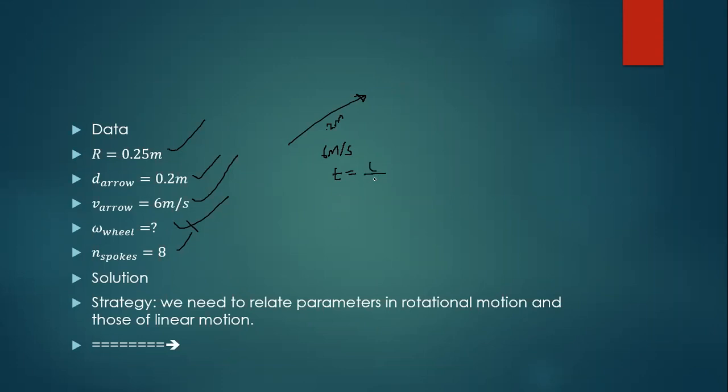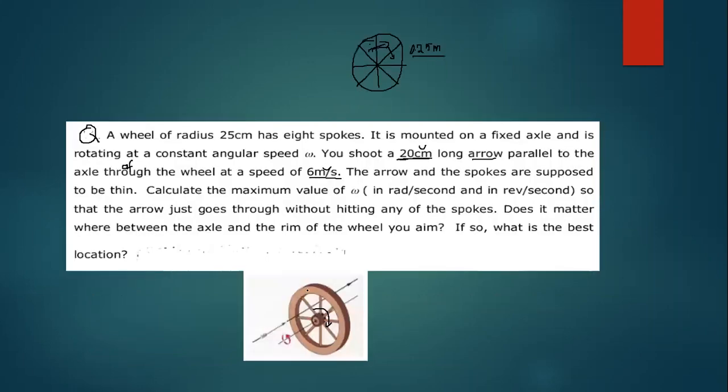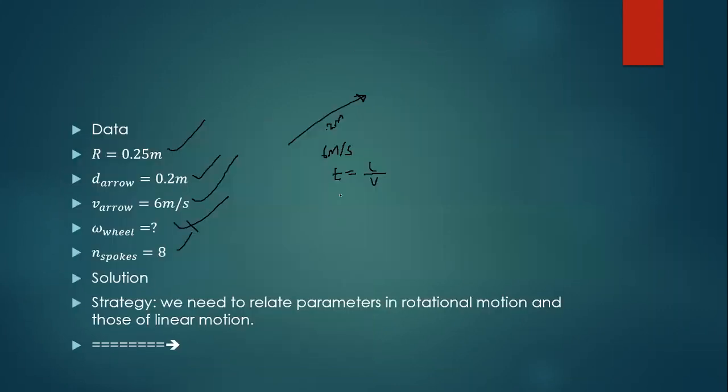The time it will take for the length, or the distance, of the arrow to pass through, given that it is moving at 6 meters per second. For the whole lot of its length to pass through, there will be a certain time that will elapse.